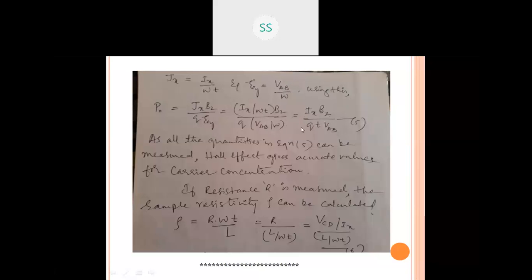The remaining terms are Ix into Bz in the numerator, and Q into T into VAB in the denominator. So the whole concentration P naught is a function of I, B, Q, T as well as VAB. That is all.